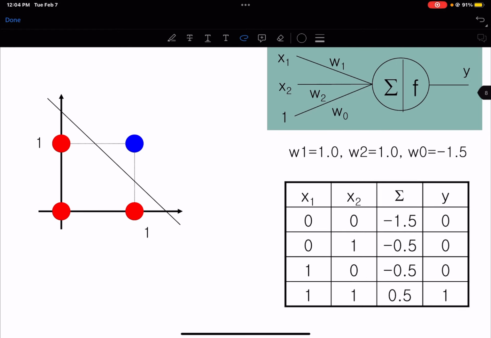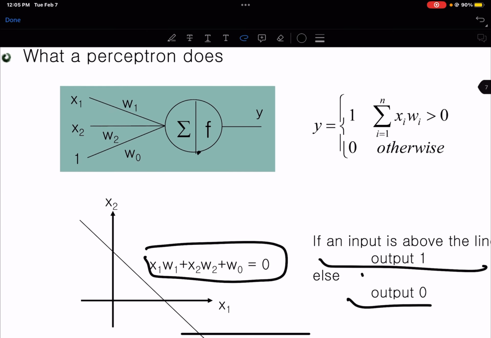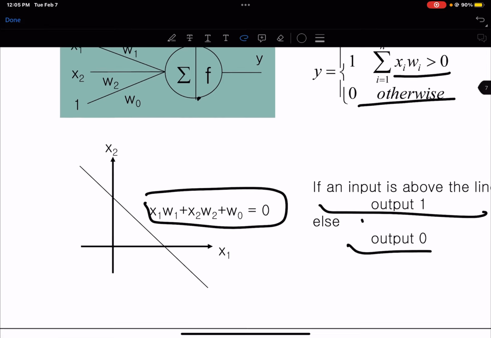For the AND, we have to set the weight values. Here we have set the weight values to 1 and 1, and W0 to be minus 1.5, such that the sum is calculated, and if that sum is less than 0, it is assigned a 0, and if it is greater than 0 we assign it a 1.